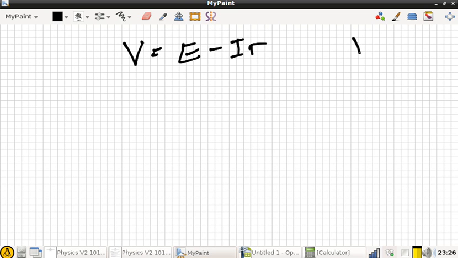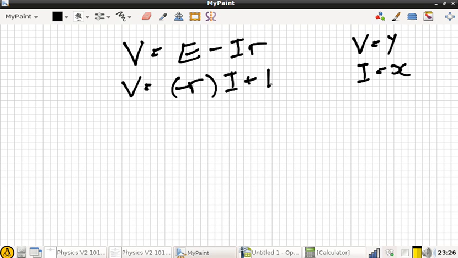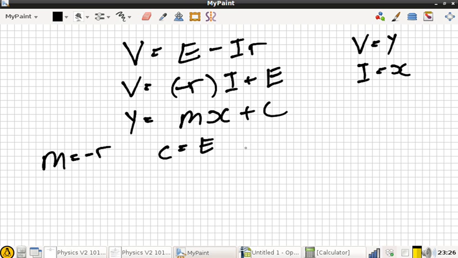So if you're plotting V on the Y and I on the X, I should rewrite this as V equals minus r I plus E. So basically Y equals MX plus C. So you can see that the M equals minus r and the C equals E. Or in other words, you can say that the EMF will equal C, and the internal resistance for the power supply will equal minus M. So that's useful to know.